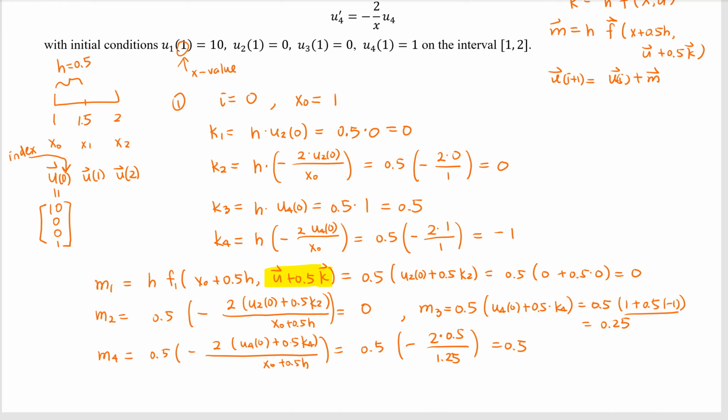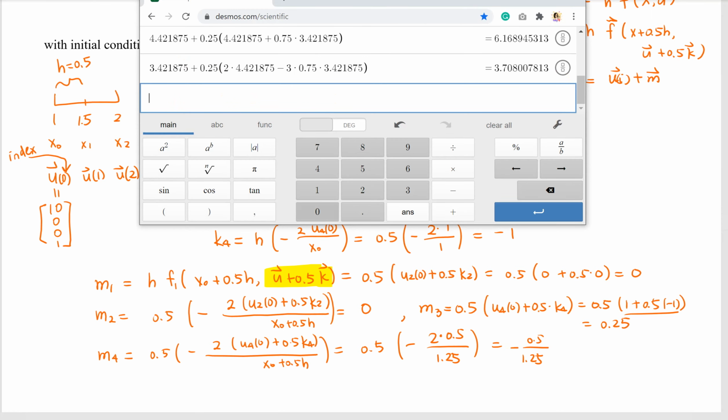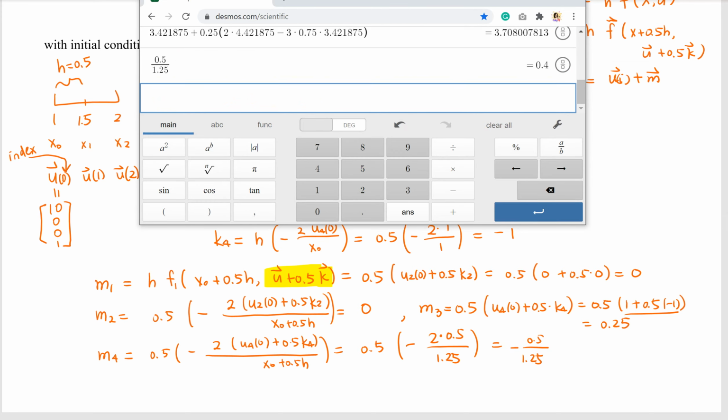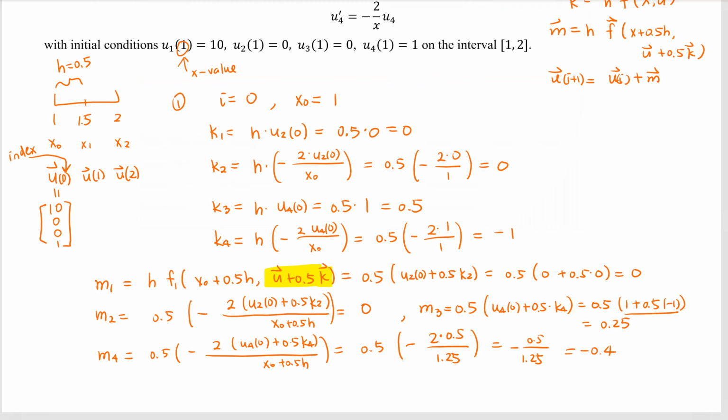Alright, so then we have minus 2 times 0.5 is 1. This is like 0.5 divided by 1.25. And let's figure out what this is. So 0.5 divided by 1.25, the answer is 0.4. So minus 0.4. Yes. So we have to be careful, because this denominator is fixed when we calculate M1, M2, M3, M4, so it is convenient to calculate it once here. And we know this guy is 1.25.